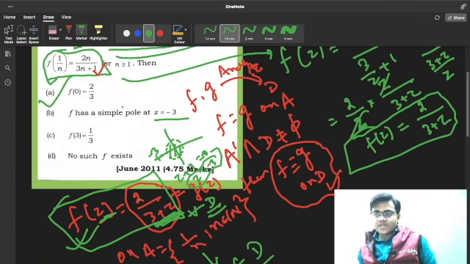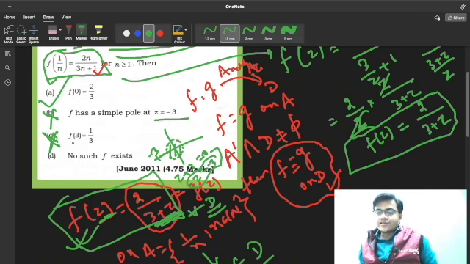So it cannot be a singularity. It will not be a pole for our f of z equal to 2 by 3 plus z. Many students made a mistake over here in 2011. z equal to minus 3 is certainly there by putting the denominator equal to 0, but z equal to minus 3 does not lie in the given domain.